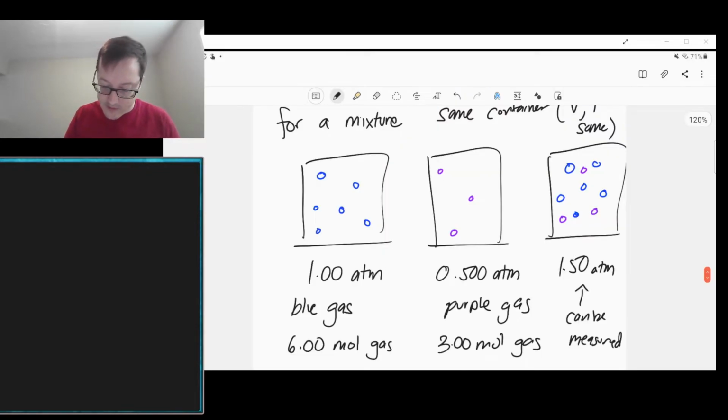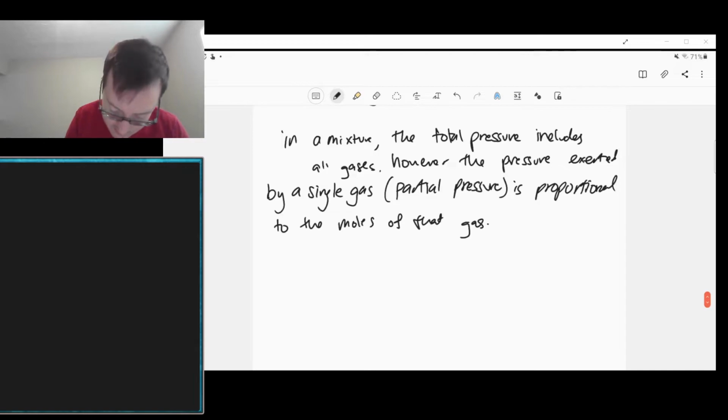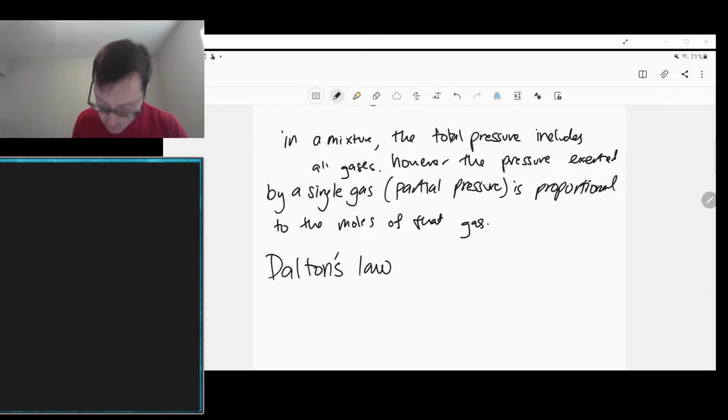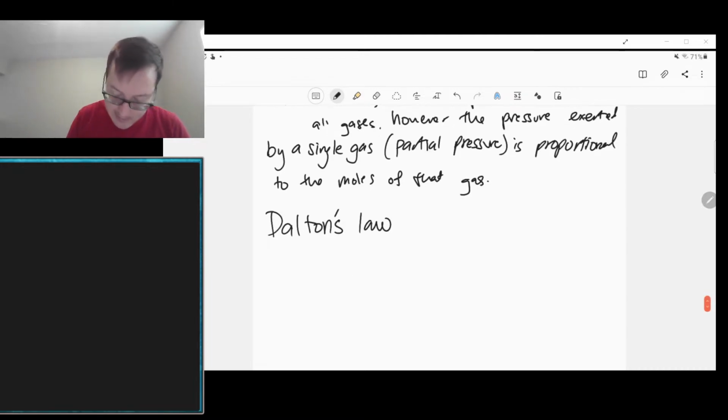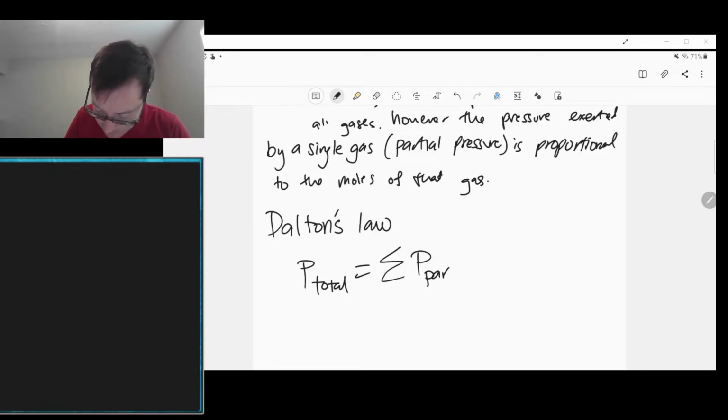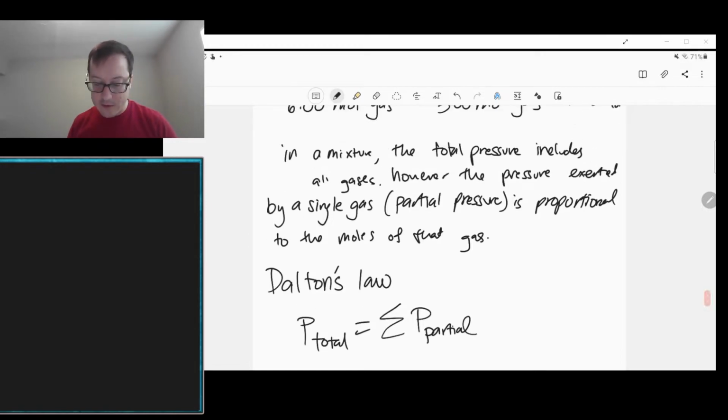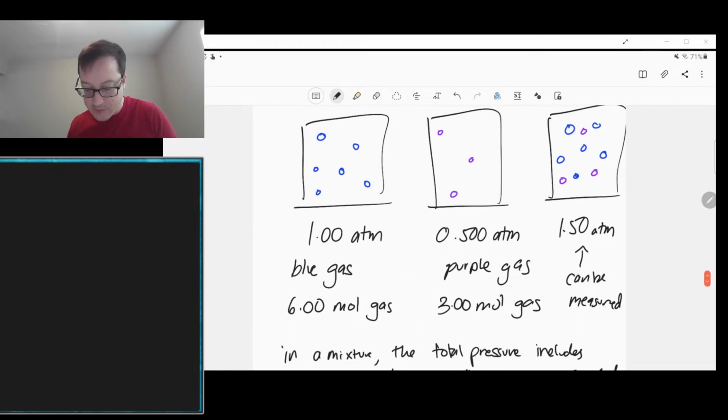Okay, so this comes down to what's called Dalton's law. It's described as saying that the total pressure of a system is the sum of all the partial pressures. And so we see that the partial pressure of purple is 0.5, the partial pressure of blue is 1.